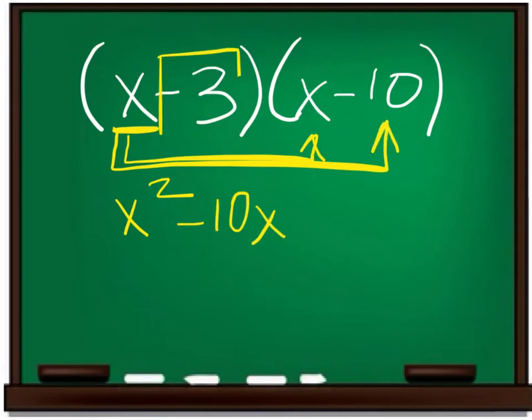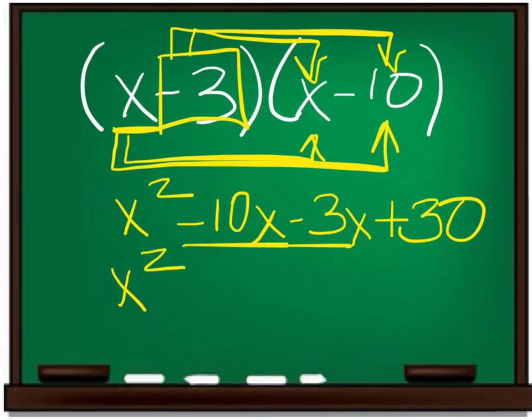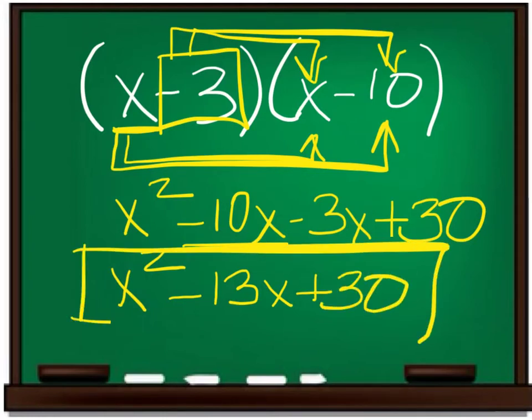Go to the minus 3. Minus 3 times x is minus 3x. And negative 3 times negative 10 is plus 30. Negative 10x minus 3x is negative 13x. The final answer is x squared minus 13x plus 30.